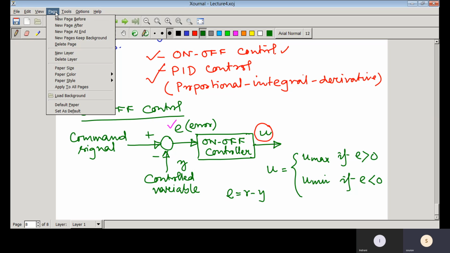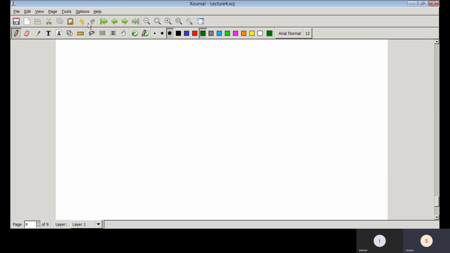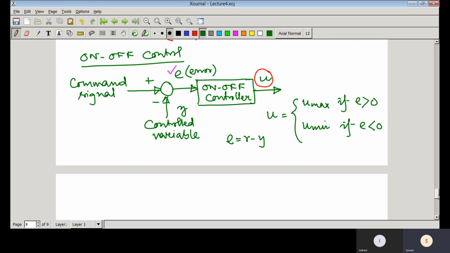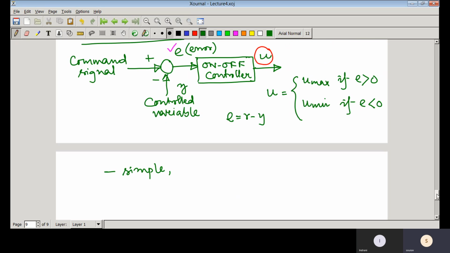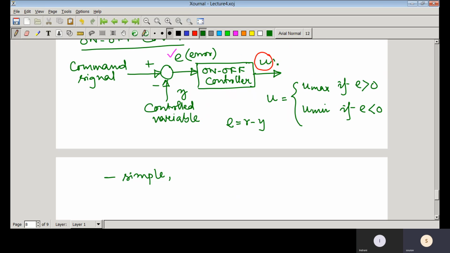Just from this structure we can understand that the control strategy is very simple. It is a simple form of controller, and we have not chosen any parameter to get the control output.